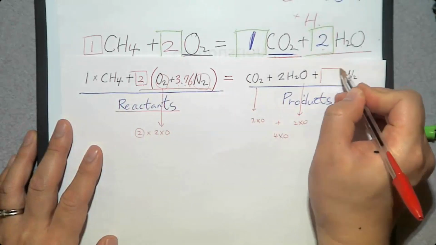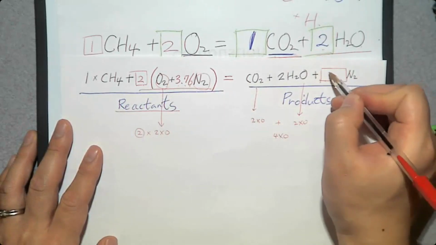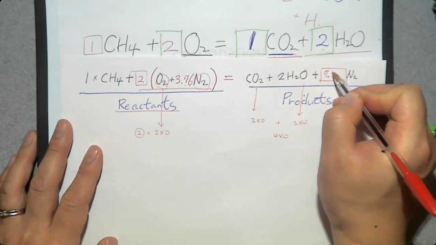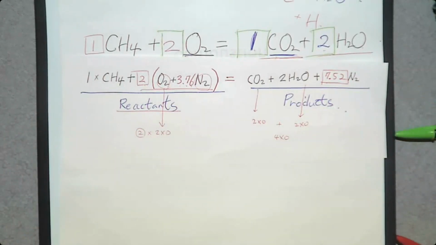So how many moles of nitrogen should be in the product? 7.52. So that's how you determine the balanced reaction equation for methane that is going to react with air, not just oxygen. The first balanced reaction equation is for oxygen. The second one is for air.